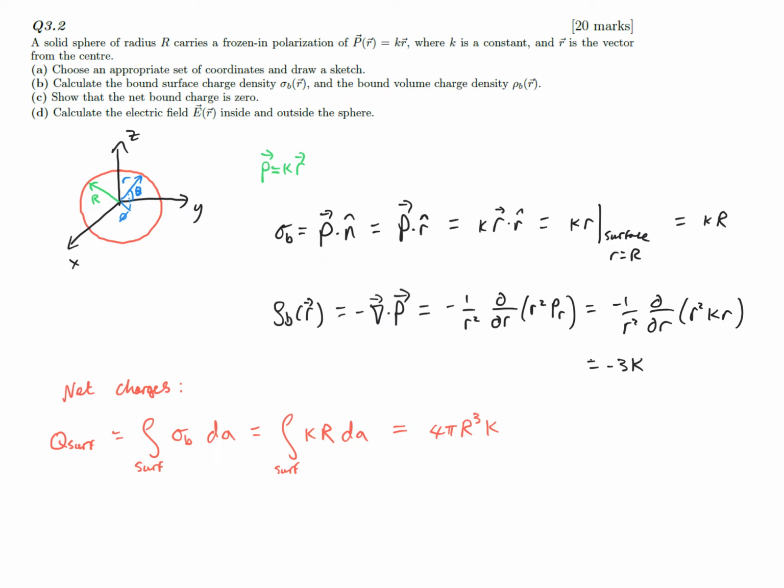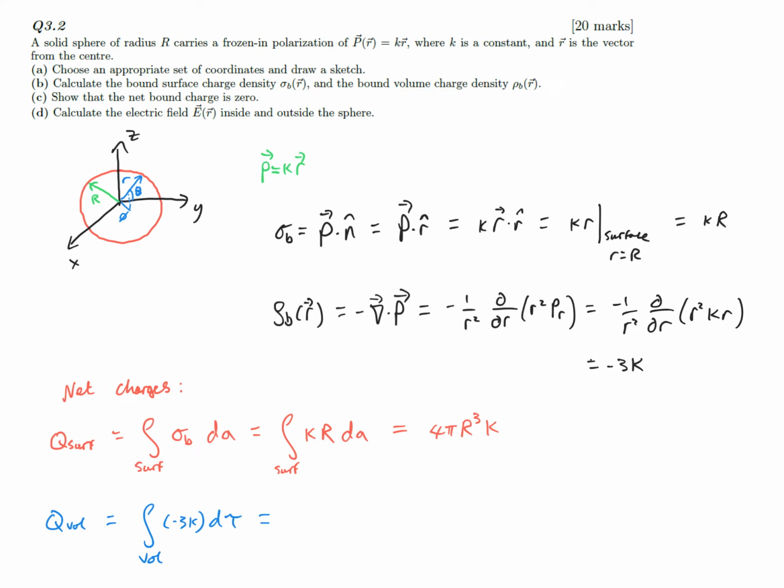Let's look at the volume bound charge Q vol, let's call it, which is the integral over the volume of the sphere of the volume bound charge, which is minus 3k d tau. Again, I can convert this into spherical polar coordinates and do the integration, but for the same reasons, it's rather more simple than that, because the bound volume charge is a constant, and we know that the volume of the sphere is 4/3 pi r cubed, with r being capital R, the radius.